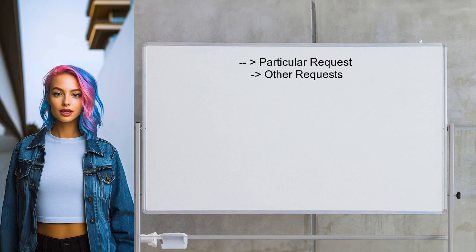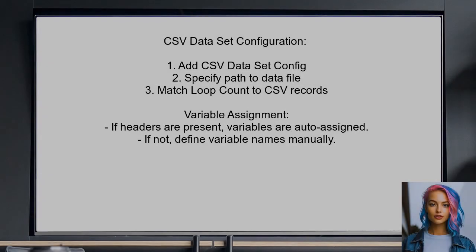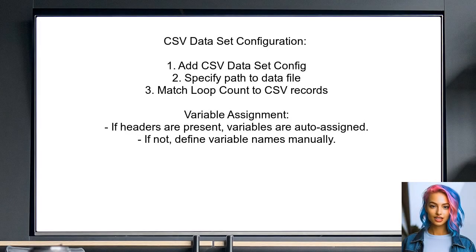This setup allows the specified request to execute for each entry in your CSV dataset before moving on to the other requests. To configure the CSV dataset, add it as a config element and specify the path to your data file, like accounts.csv. Ensure the loop count in the loop controller matches the number of records in your CSV file.